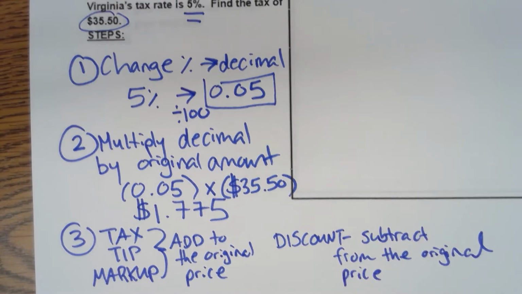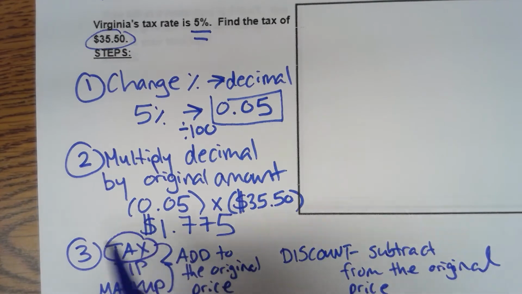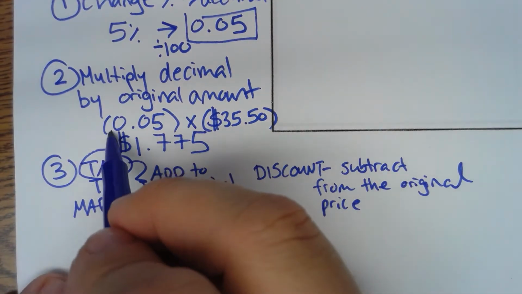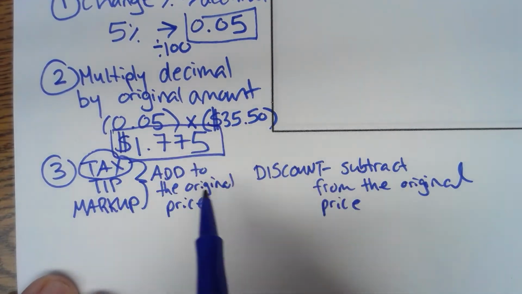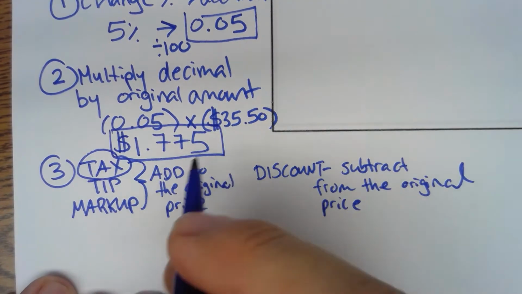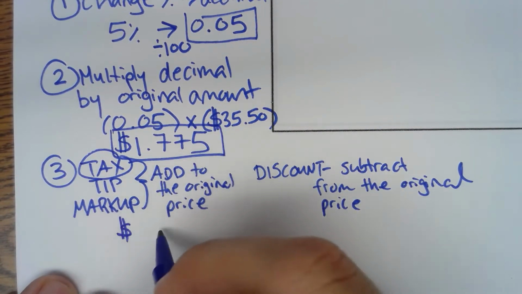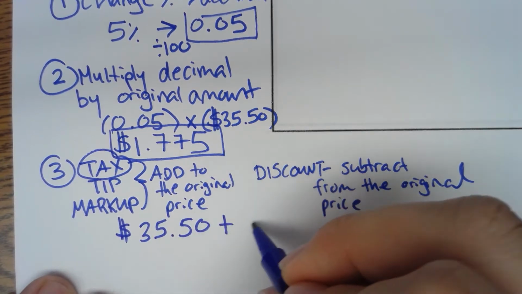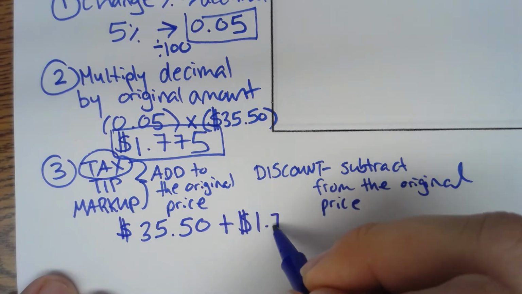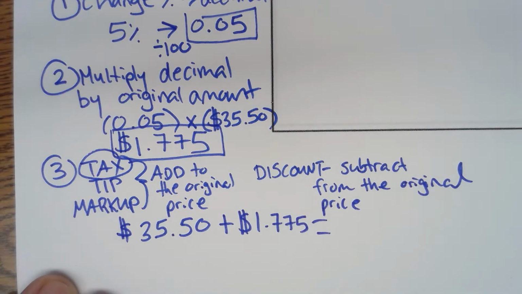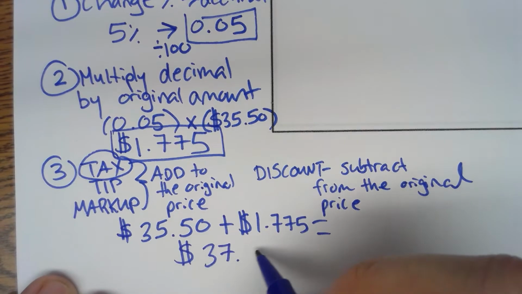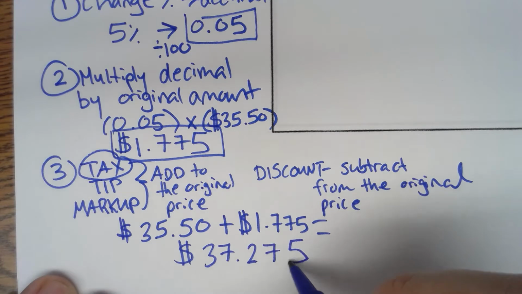Right now, we are doing tax. So, step 3, you need to add this tax to the original amount. So you're going to do 35.50 plus 1.775, and you're going to get 37.275.